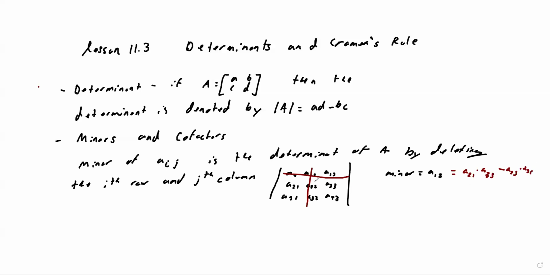And that's how you'd find the minor. That would help us later on to find the determinant of a 3 by 3, but we'll get into that a little bit later.